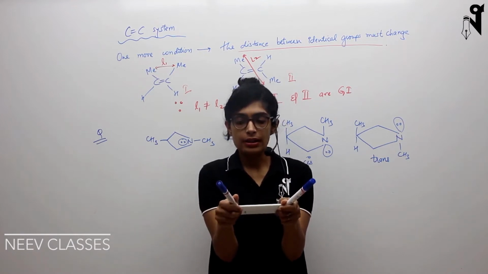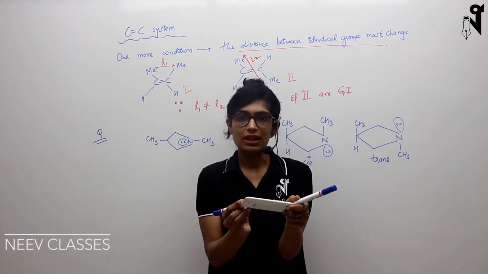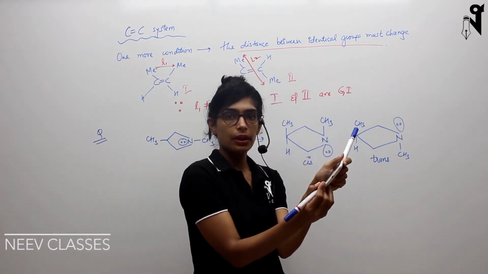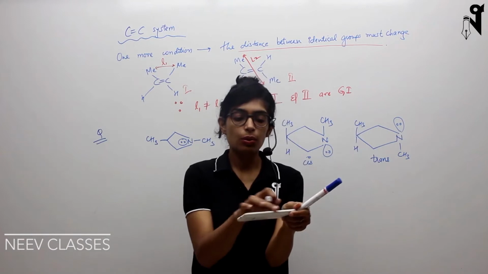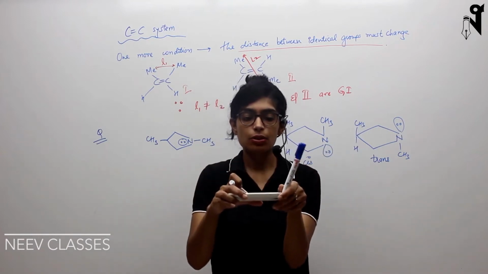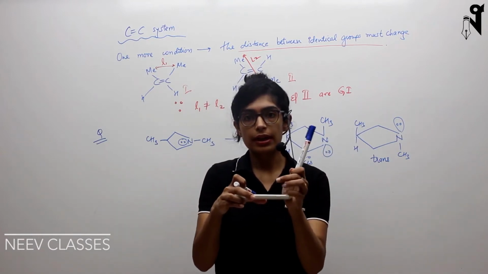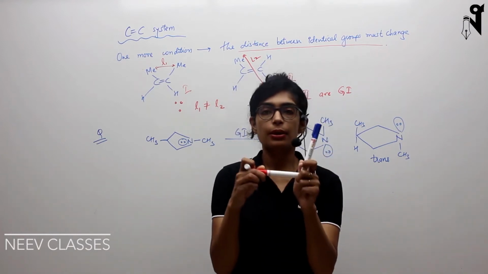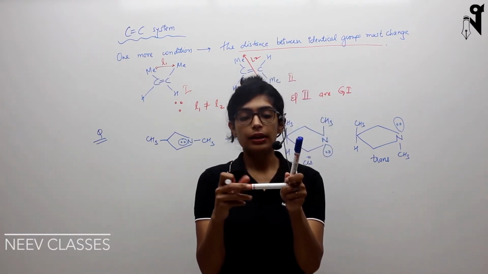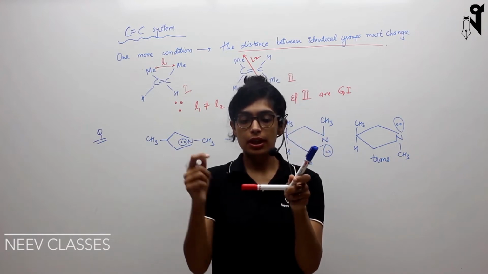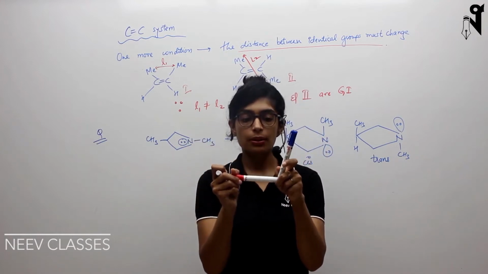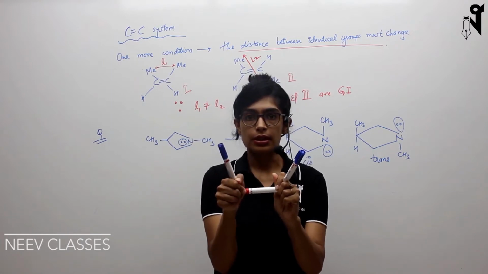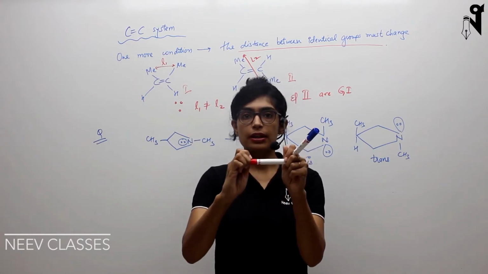Don't treat it as a cyclic thing, assume this is one carbon and this end is one carbon, this is carbon double bond carbon, and this is one CH3 and this is another CH3. If I keep it like this, it is cis. If I keep it like that, this is trans.